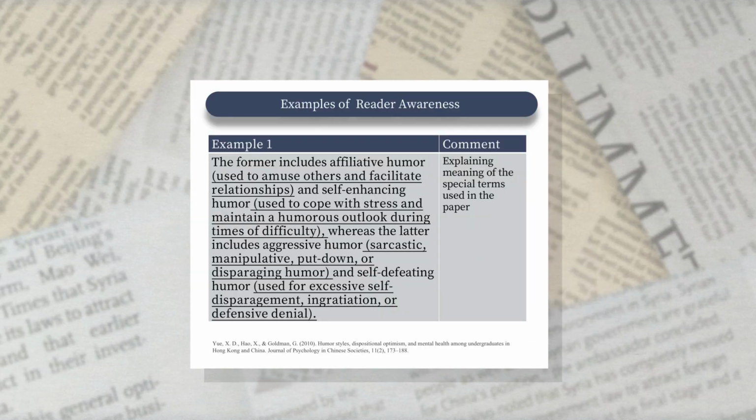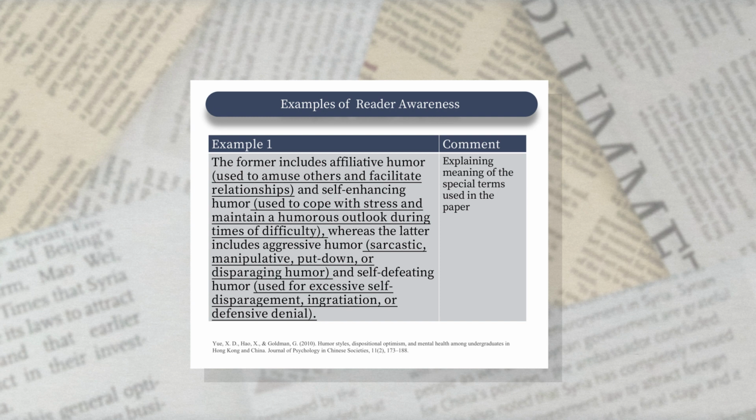Let's give an example. The former includes affiliative humor (in brackets: used to amuse others and facilitate a relationship), and self-enhancing humor (used to cope with stress and maintain a harmonious outlook during times of difficulty), whereas the latter includes aggressive humor (sarcastic, manipulative, put-on, or despairing humor), and self-defeating humor used for excessive self-disparagement, irritation, or defensive denial.